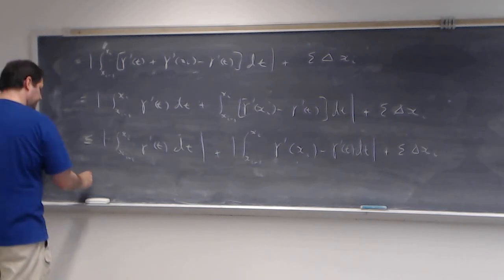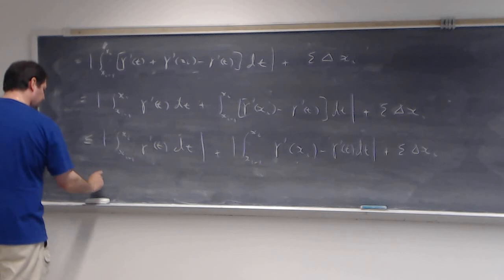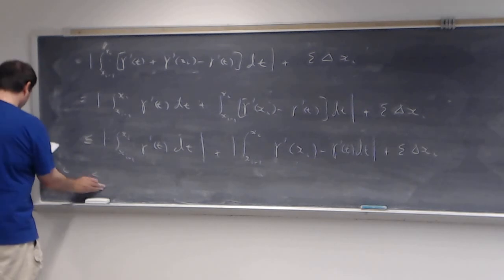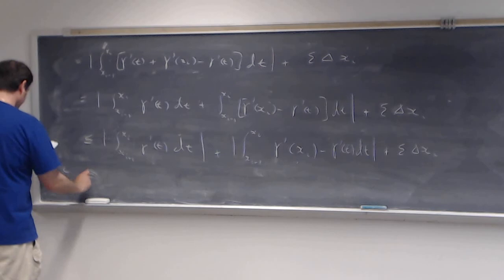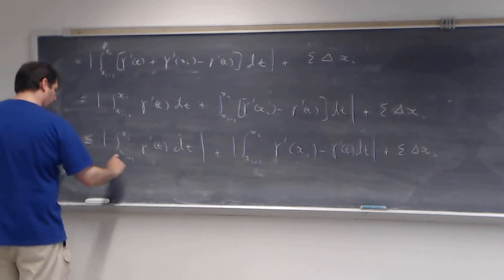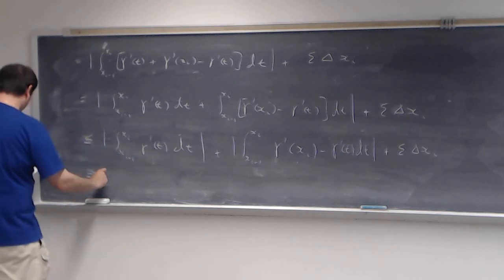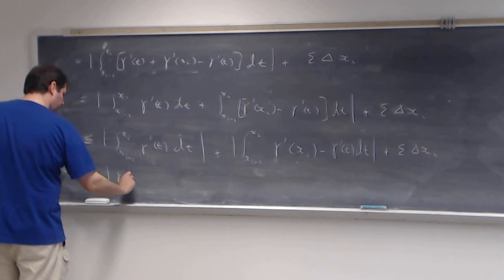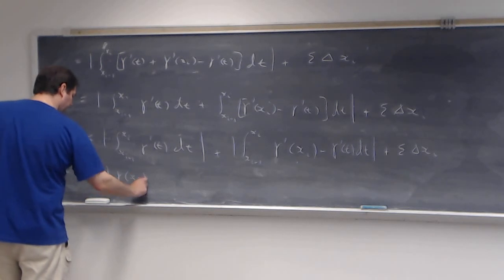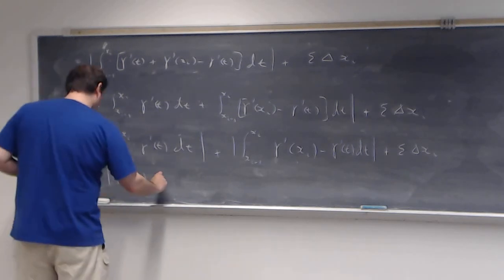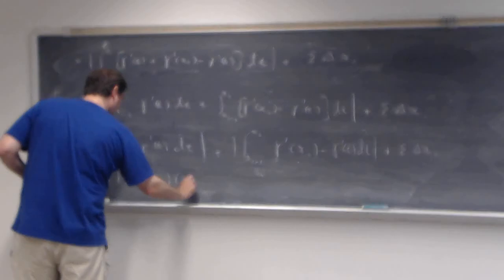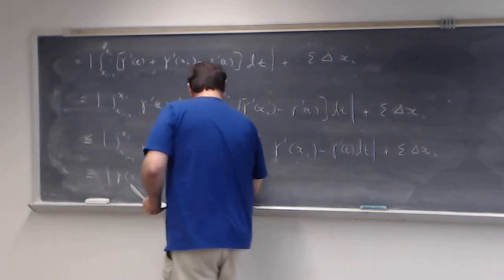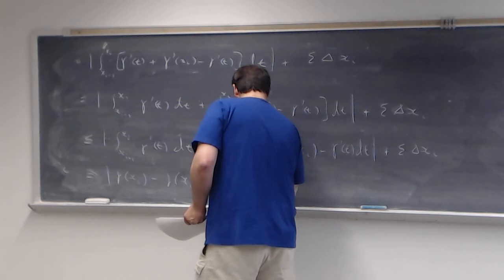This is going to be, well, I should say just equal to. This integral right here, using the fundamental theorem of calculus, is gamma of x sub i minus gamma of x sub i minus 1, plus, we'll leave this alone.